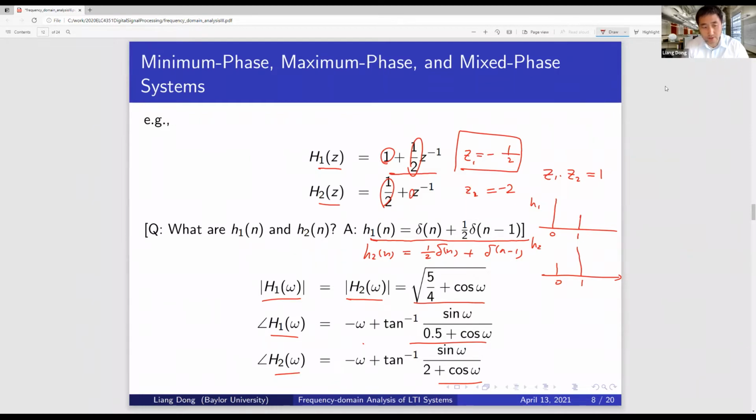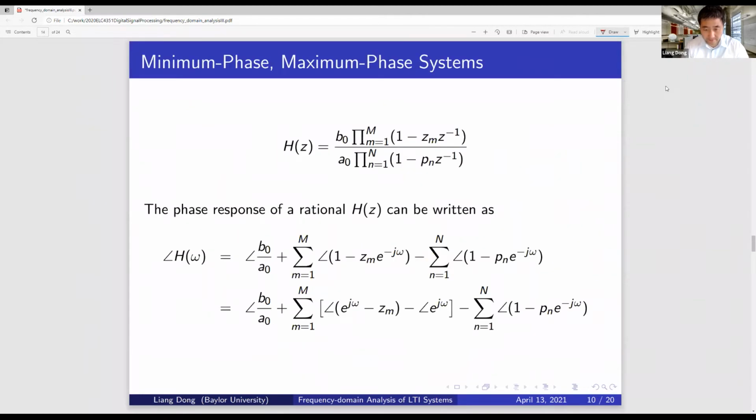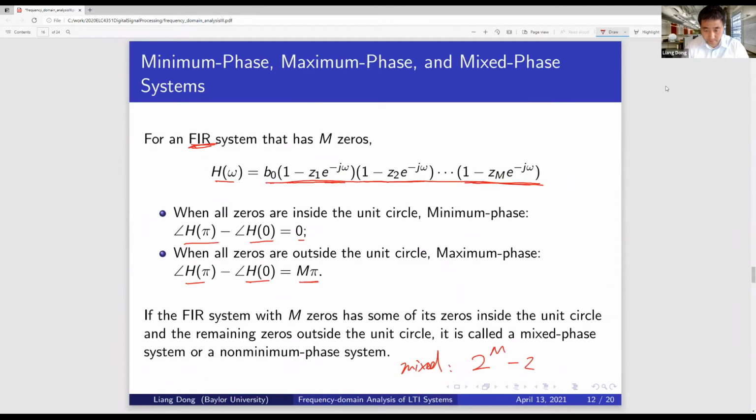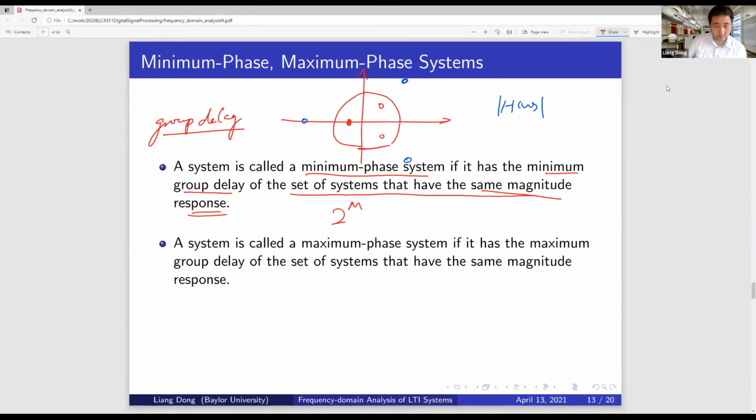Okay. So from this example, we see the phenomenon like that. A system is called a maximum phase system if it has the maximum group delay of the set of systems that have the same magnitude response. Again, how many systems do we have within the set? 2 to the power n. They have the same magnitude response.